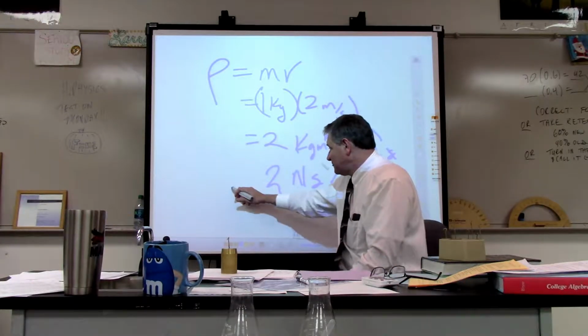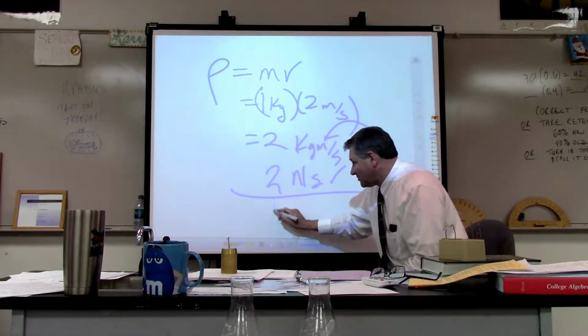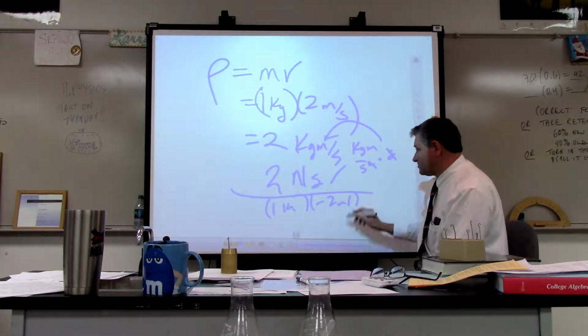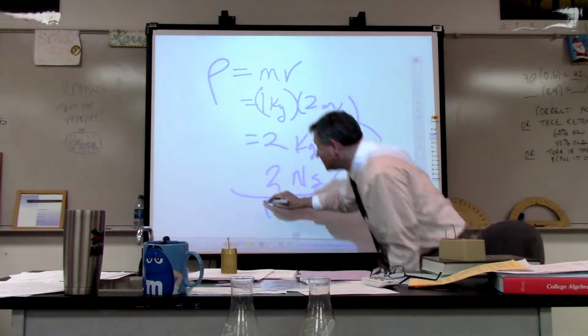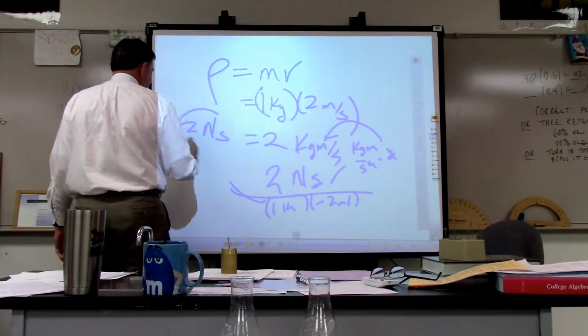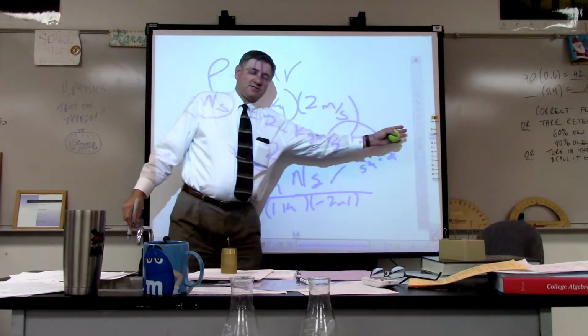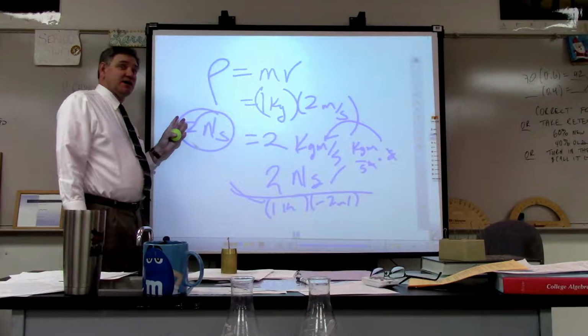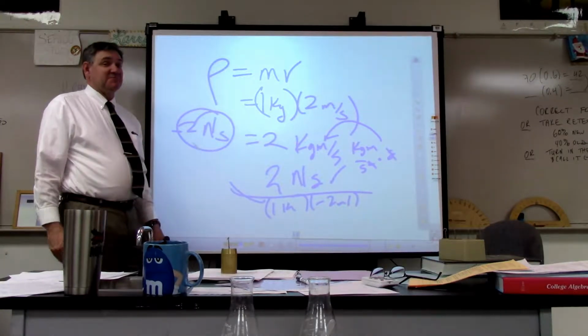So if I move it in the opposite direction, or take 1 kilogram times a negative 2 meters per second, I'm going to get negative 2 Newton seconds. So if it's moving in one direction, it has a positive momentum. If it's moving in the opposite direction, it has a negative momentum.